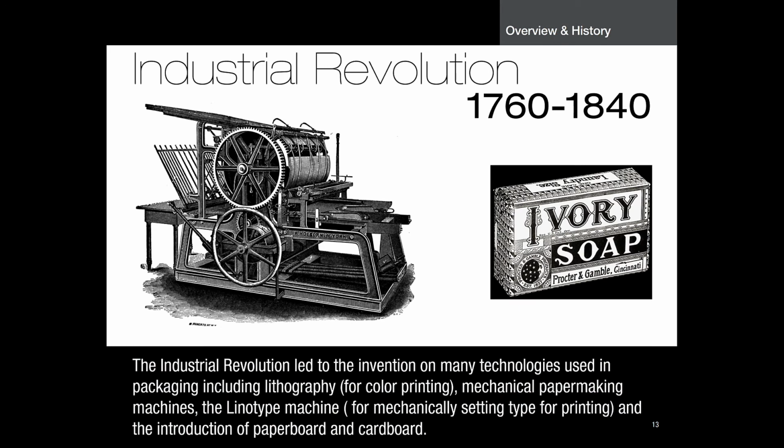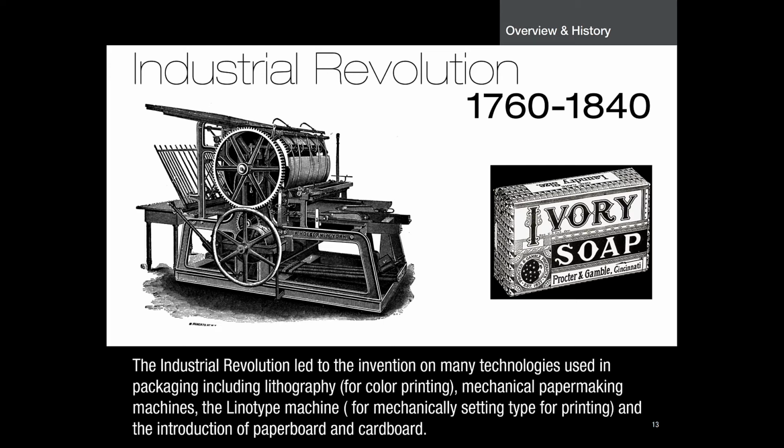With the Industrial Revolution, a lot of processes that used to have to be done by hand were now being mechanized. Some of the things that really applied to packaging design were lithography, which is a way of printing with color, and machines that would mechanically make paper. Up till now, paper would have to be made by hand, which was very costly and very labor-intensive.